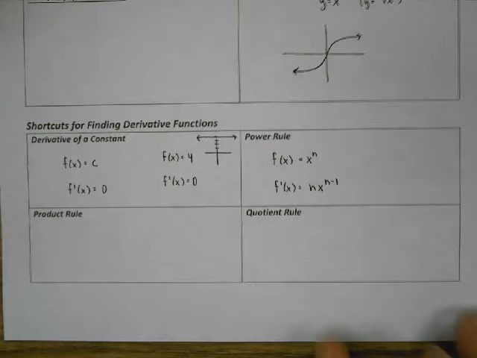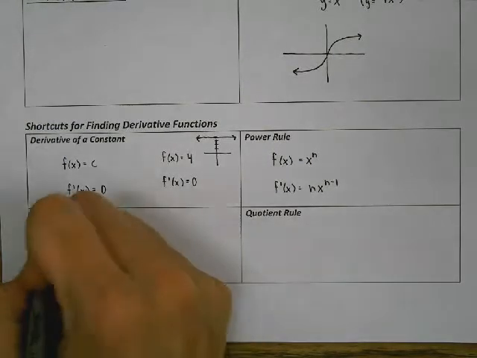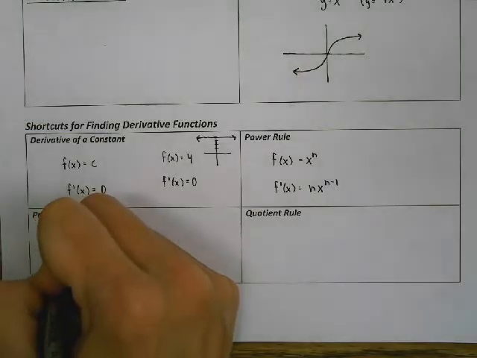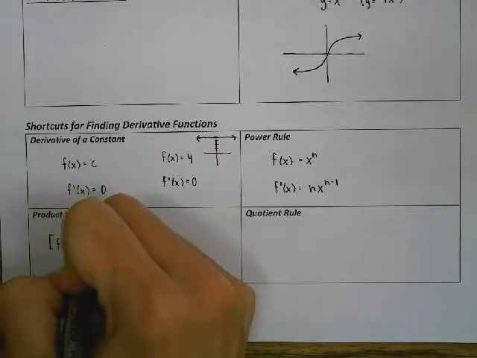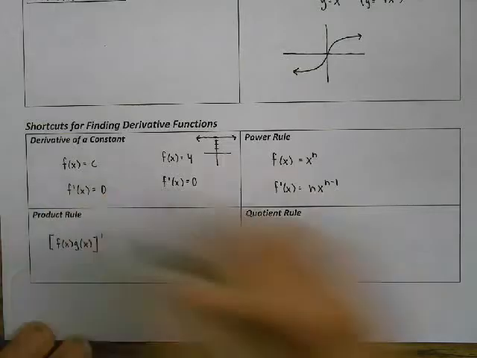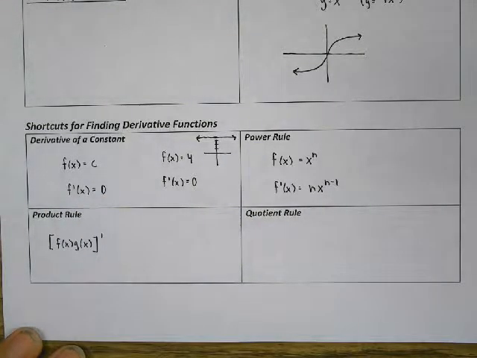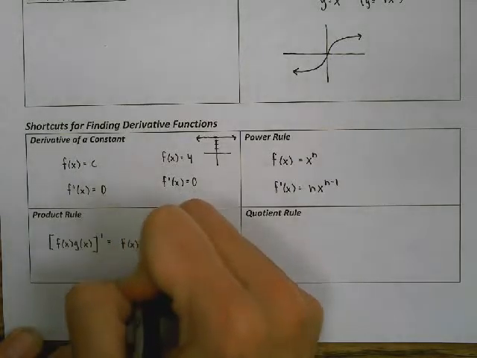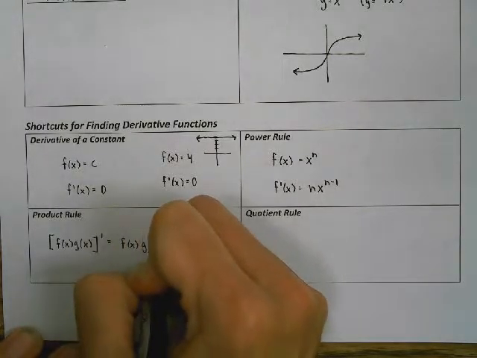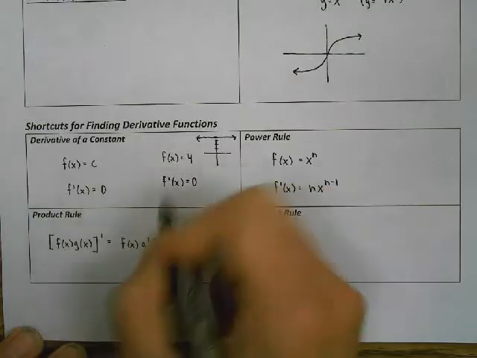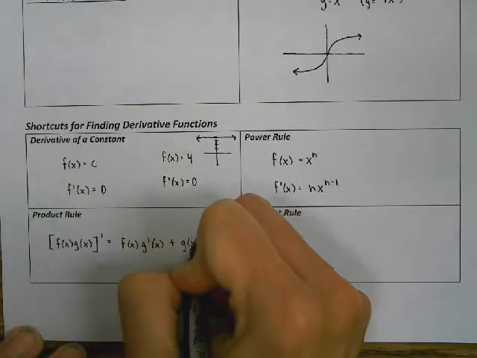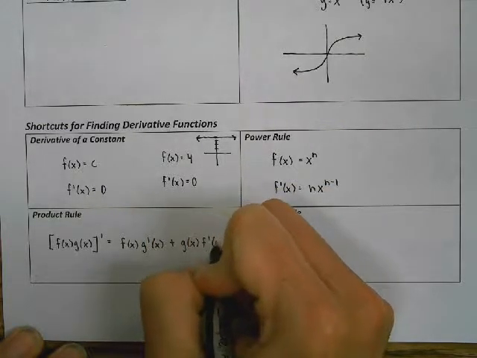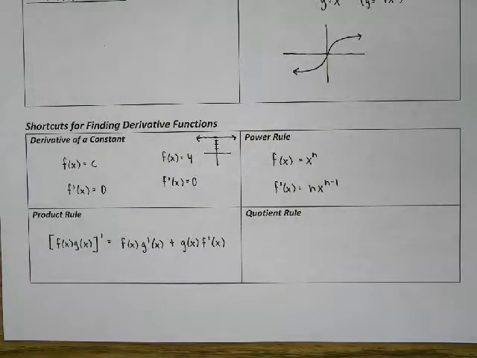So product rule says if I want to find the derivative of the product of f of x times g of x, I take f of x times the derivative of g of x plus g of x times the derivative of f of x.